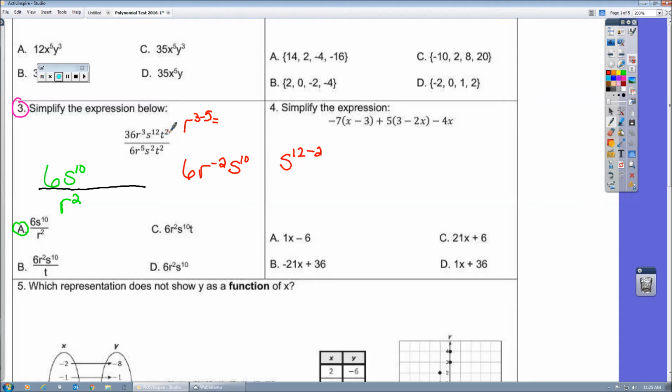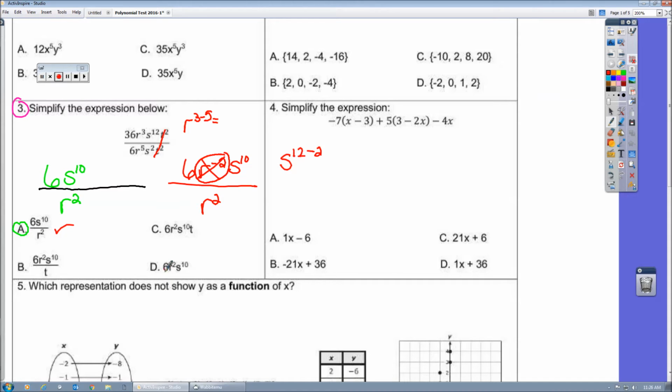And if I do 2 minus 2, that's nothing, that just goes away. Now the rule here is if you have a negative exponent, the saying that I use in class is change the sign and cross the line. So I change it to positive and cross the line, and you'll still see that you end up with A.